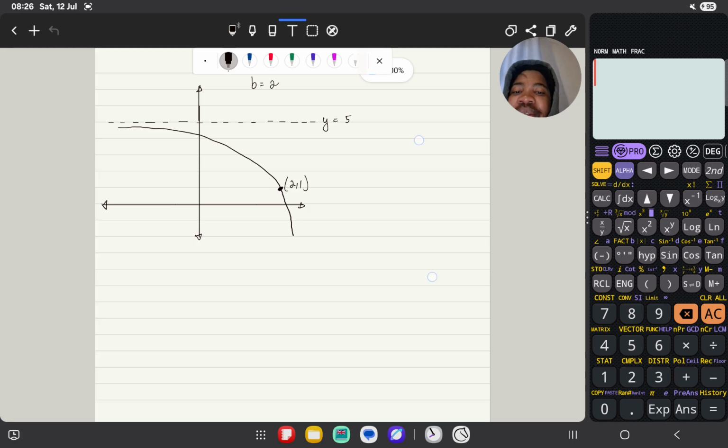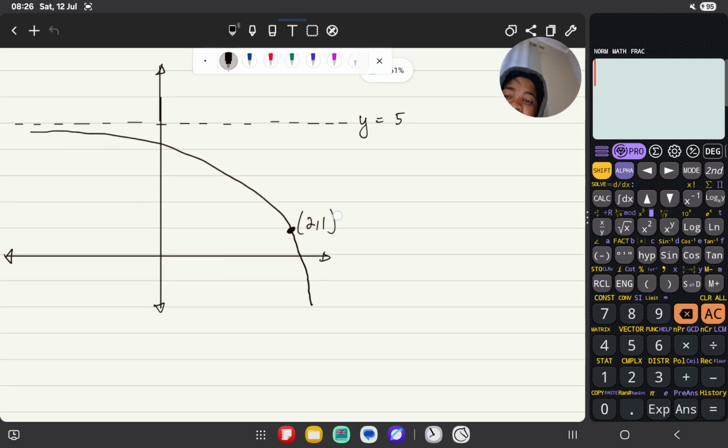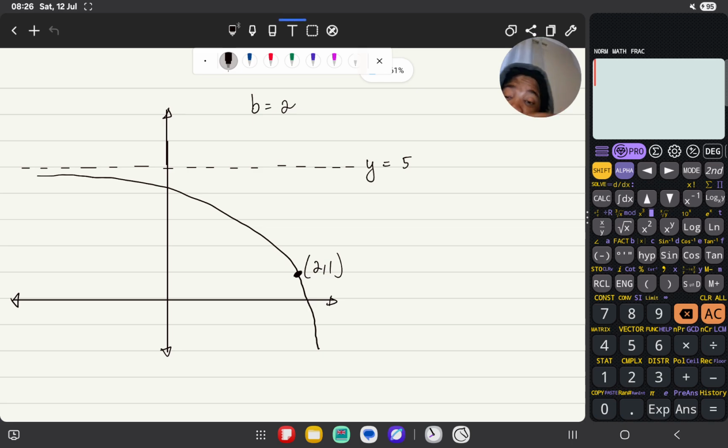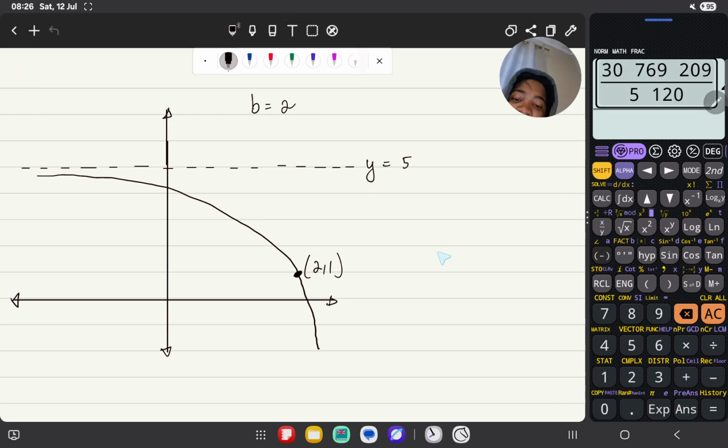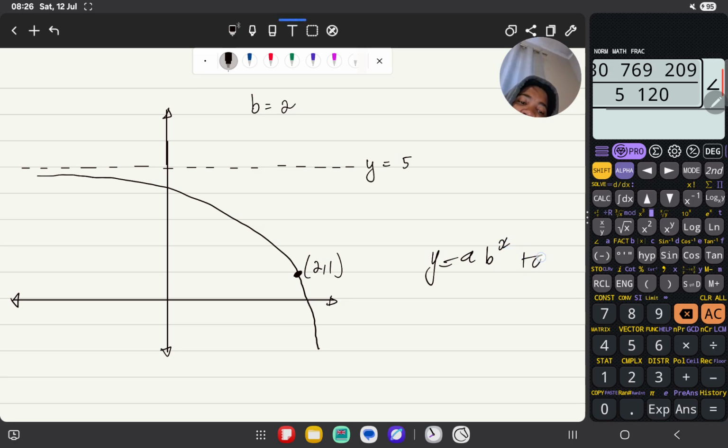Let's just find the equation of this one and call it a day. So for this one, you already know your function, which is y equals a b to the power of x plus q.